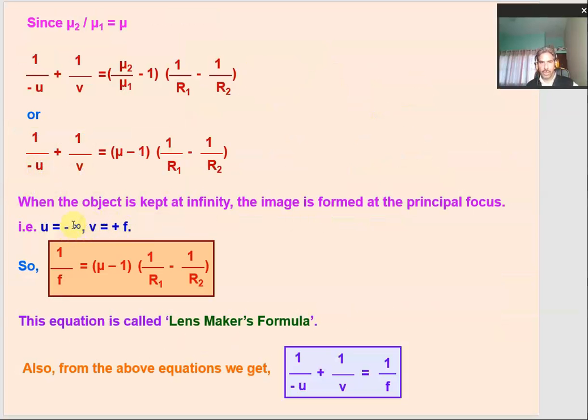Whenever we substitute these two values here, 1 upon infinity just gives 0, and 1 upon v means 1 upon f. So on the left hand side we have 1 upon f, and on the right hand side everything is the same.